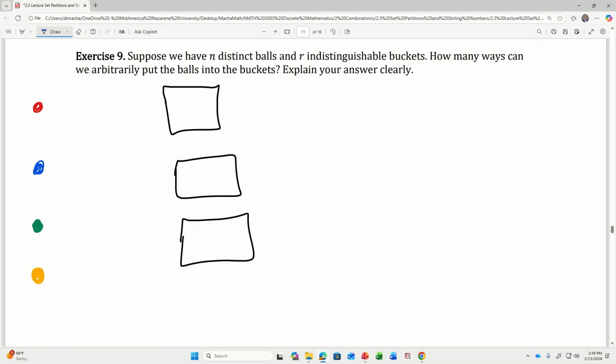And this time there's no requirements, right? You can have empty buckets if you want. You don't have to have empty buckets. You can put more than one ball in each bucket.